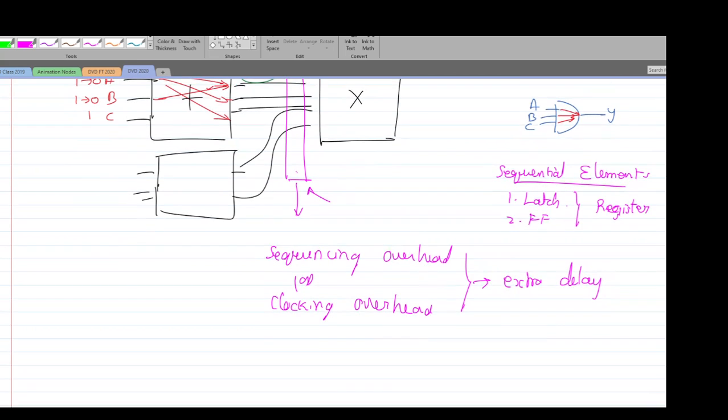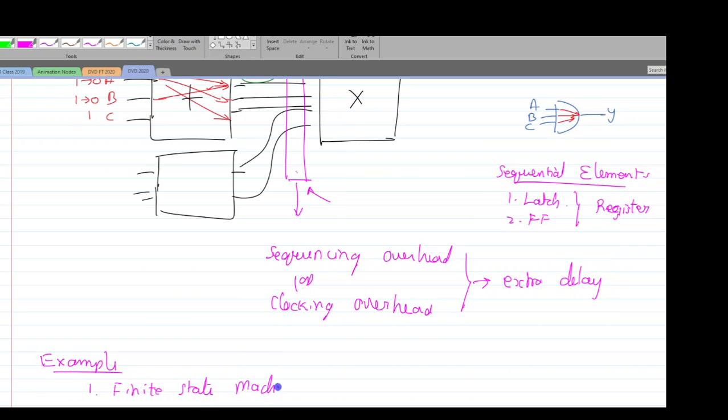Okay, so now I just want to give an example of these kinds of logics that you would have already seen. One of the sequencing examples could be the well-known FSM, or finite state machine.